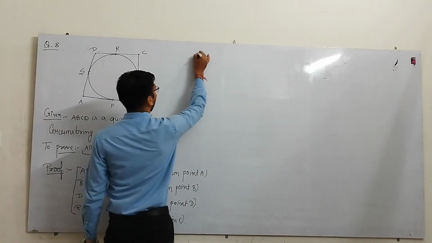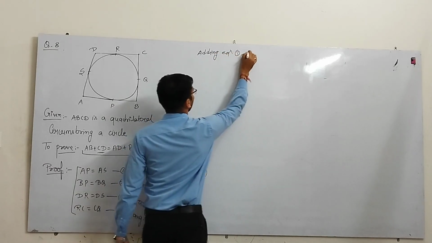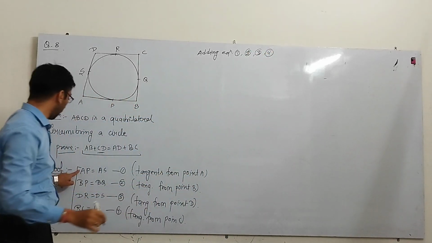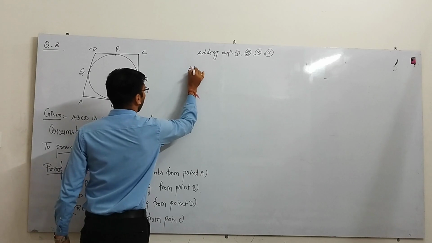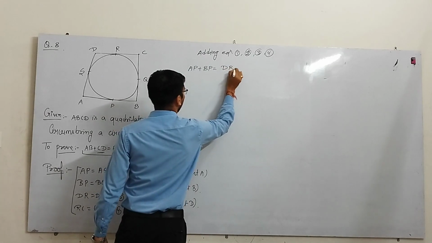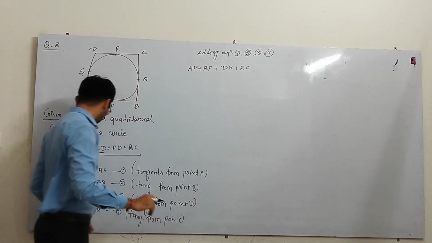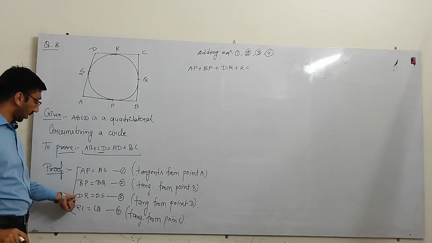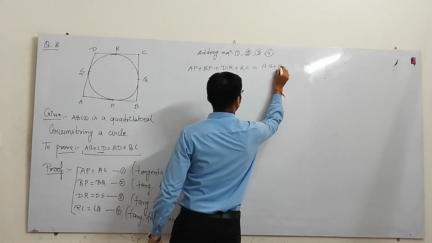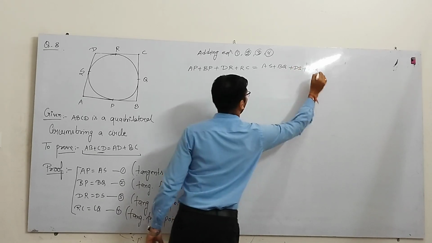So simply we can write, adding equations 1, 2, 3 and 4, we get AP plus BP plus DR plus RC, that will be equal to AS plus BQ plus DS plus CQ.